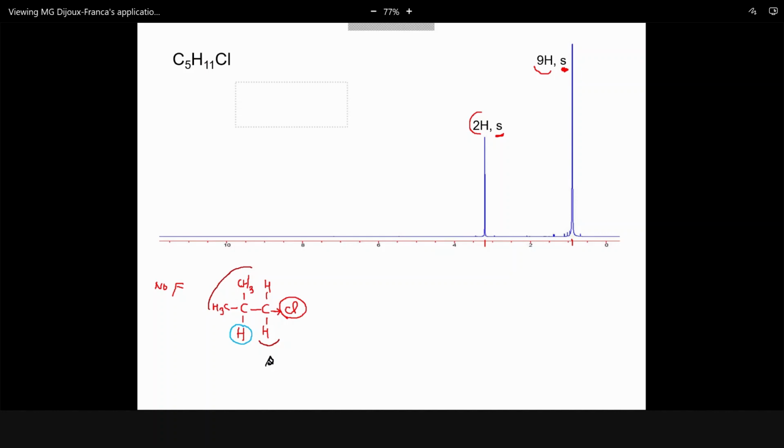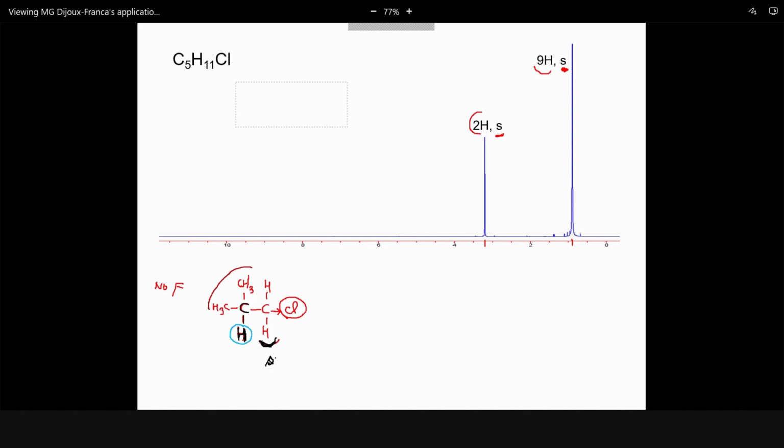I think it will be a doublet. Why? On the carbon beside, we have one extra hydrogen.